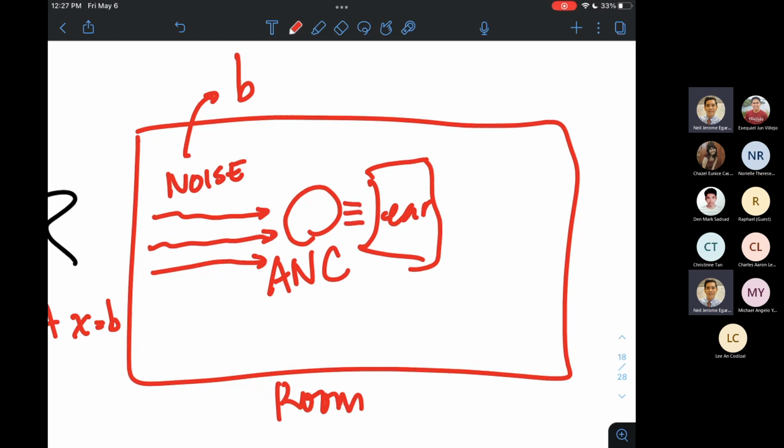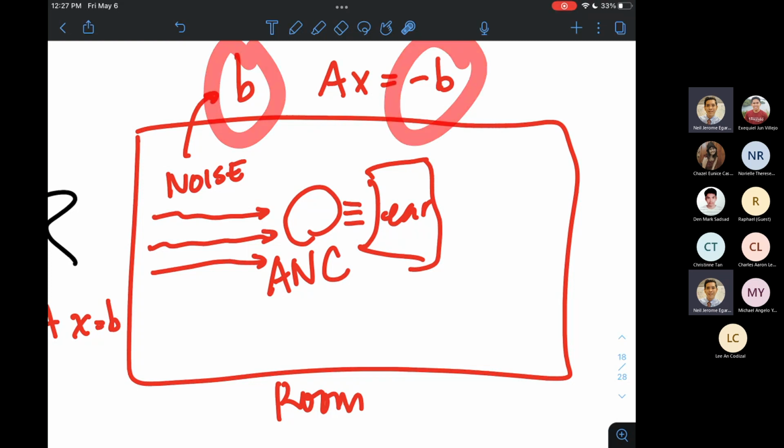Okay? So kailangan mahanap ko yung input X such that AX would be equal to negative B. Para yung B na noise pag nag-add dun sa sound wave na iproproduce ng speaker dun sa aking active noise cancelling headphone ay equal kay negative B. Pag sila ay nag-add, B plus negative B magzi-zero out. Walang noise na darating dun sa ear.